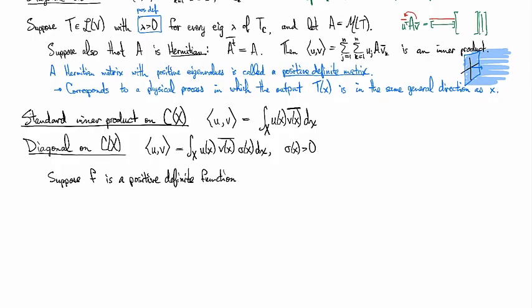And being a positive definite function, this means that if we evaluate it at finitely many points, we get a positive definite matrix.